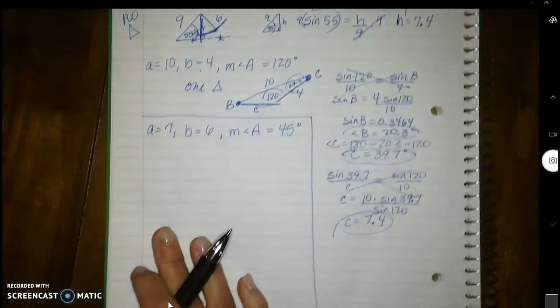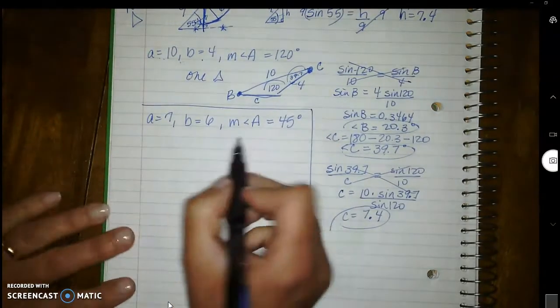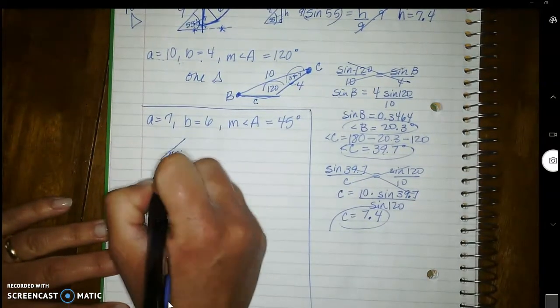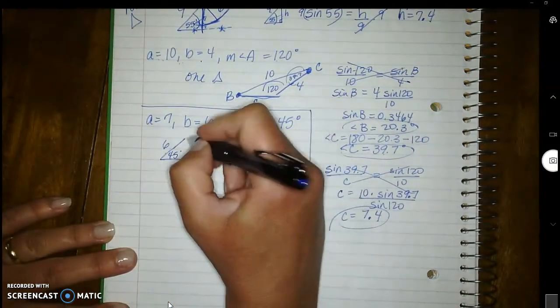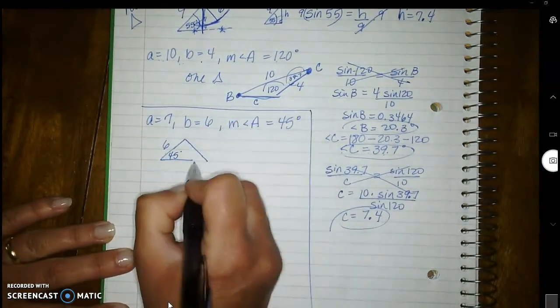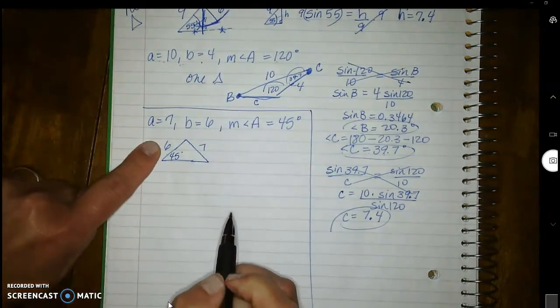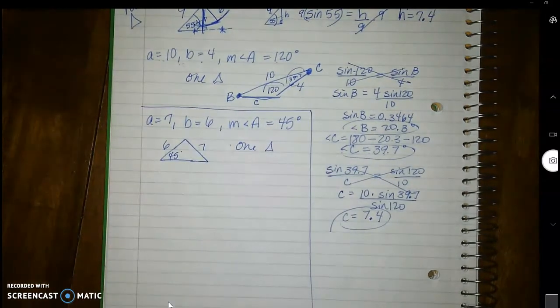Let's go do uno más. Okay, one more. All right, so for this one, we have an angle A that is 45 degrees. Okay, I have side b, which is 6, and I have side a, which is 7. Now, side a is longer than side b, and so we definitely only have one triangle, since that's the case.